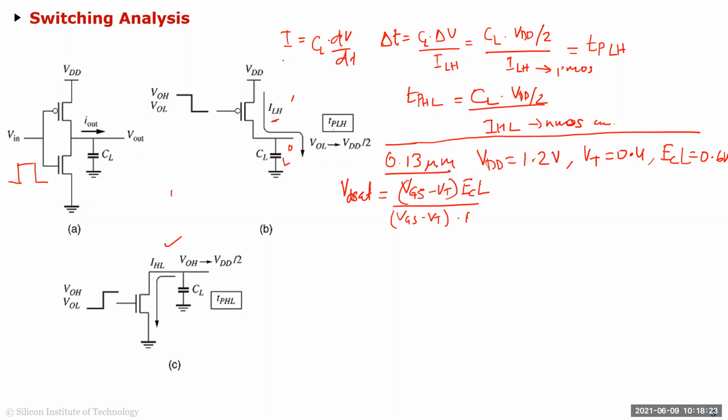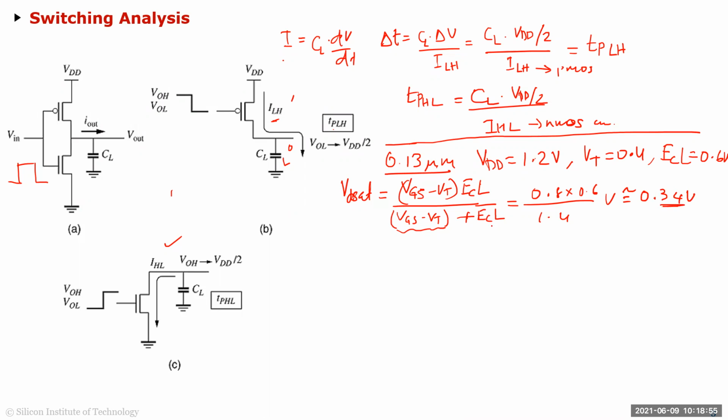So this was basically the correction term to our old VDSAT, which is VGS minus VT. And if you plug the numbers in here, 1.2 minus 0.4 is 0.8, times 0.6, divided by 0.8 plus 0.6, which is 1.4. And this is obviously volts. So that is approximately equal to 0.34 volts.